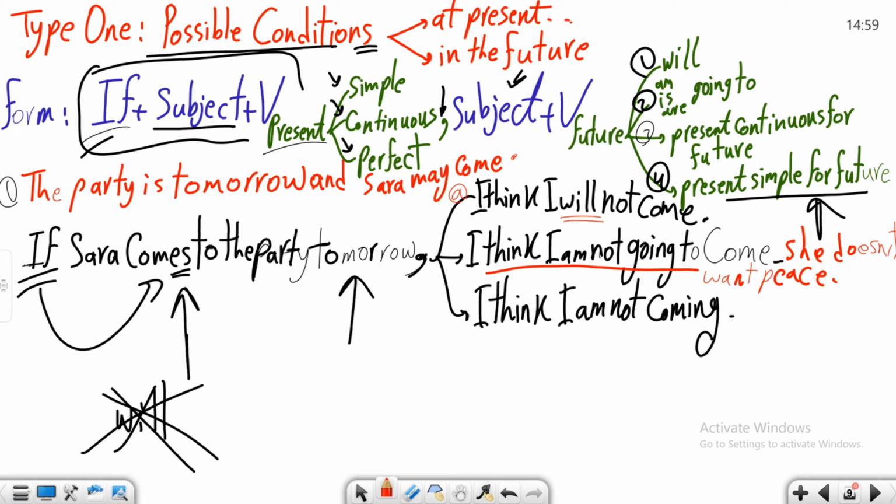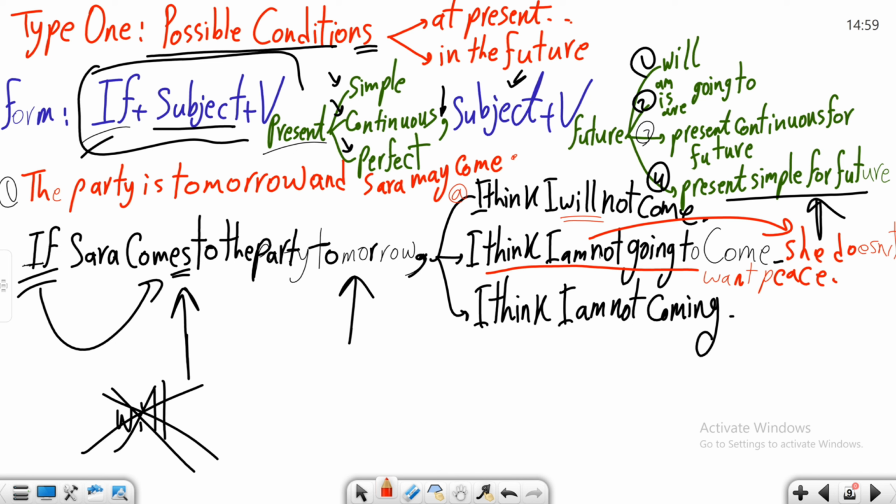I have my own plan before, not a decision taken by me now. We have a plan, and this plan has a reason. Now here I am giving you a reason. So when I use will, I don't need to give a reason. I just give a speculation, or a spur of the moment or spontaneous decision. When I use going to, as we said before, we have to give a reason.